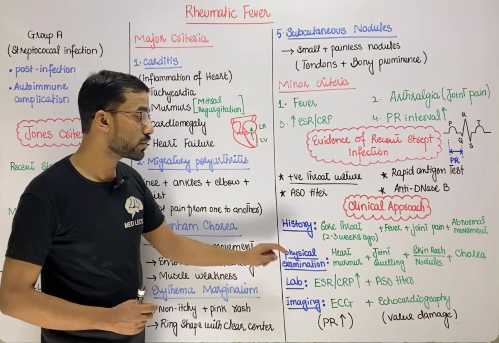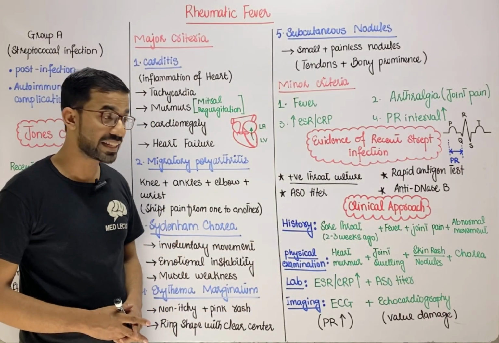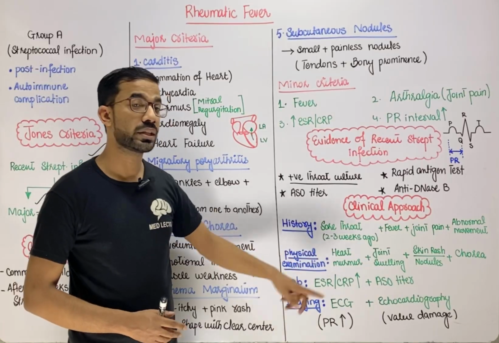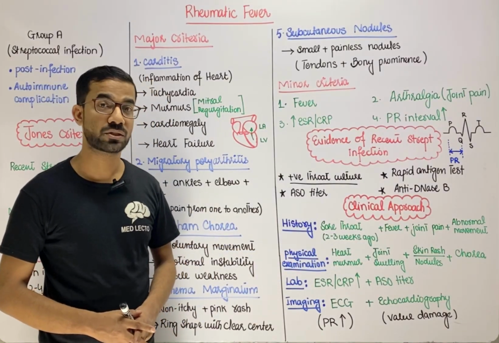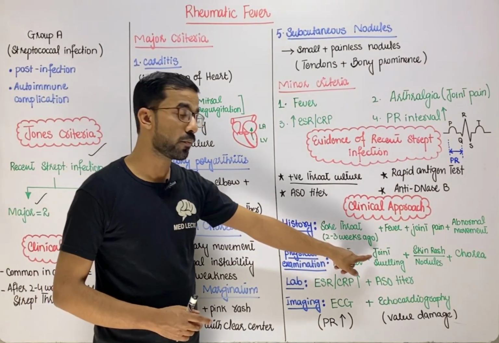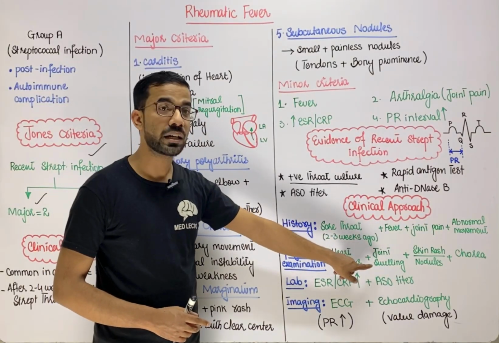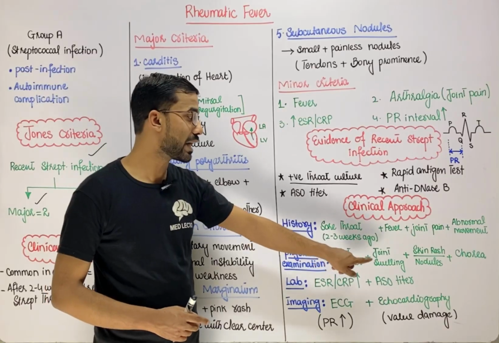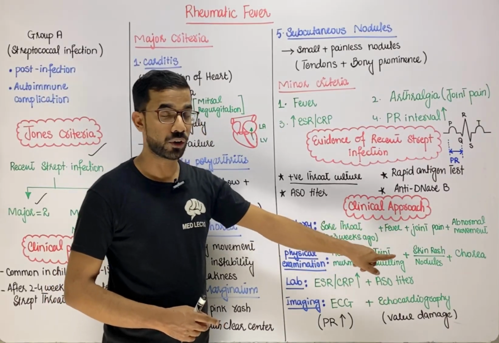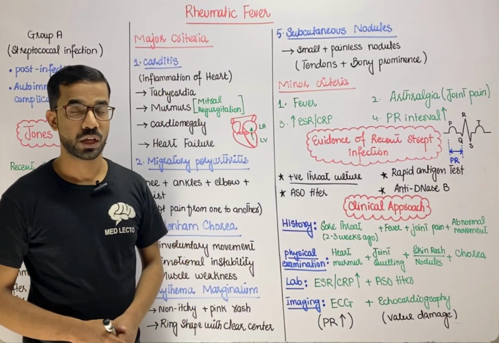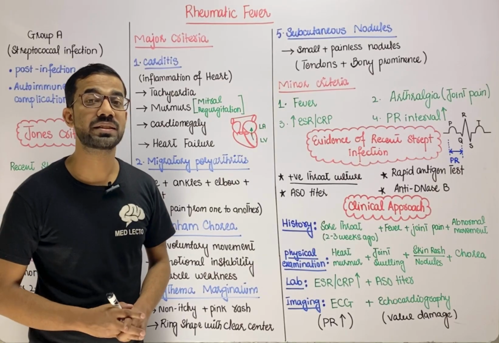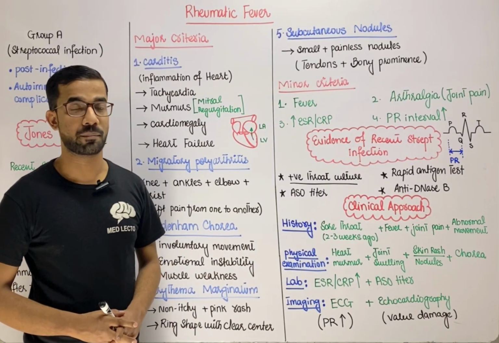And you can also go towards the physical examination. You can check for heart murmurs by using the stethoscope, and in the physical examination, joint swelling will also be seen, skin rash or nodules, and chorea.